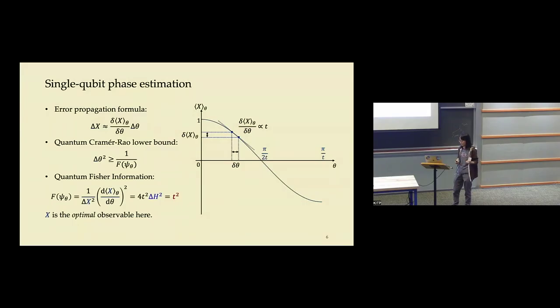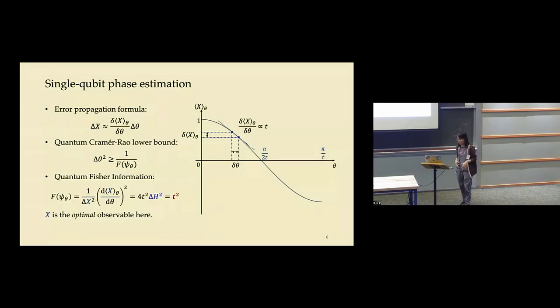The expression of the quantum Fisher information is exactly given by this error propagation formula: the derivative of X with respect to theta, squared, over the variance of X. In this particular example, X is the optimal observable, the observable that maximizes this expression of the quantum Fisher information.